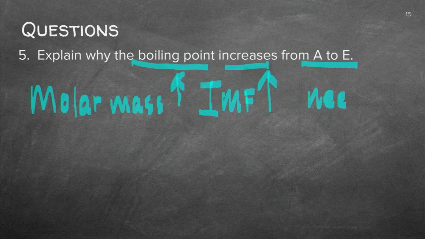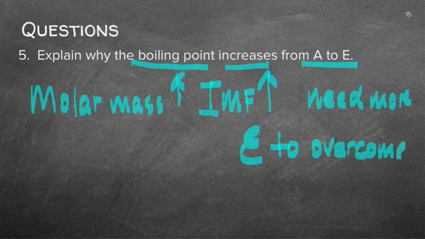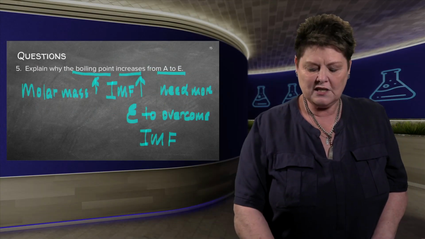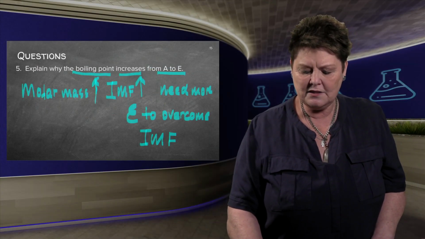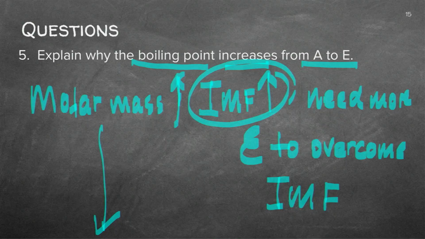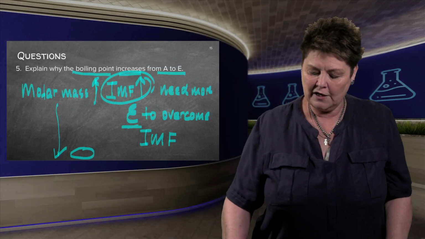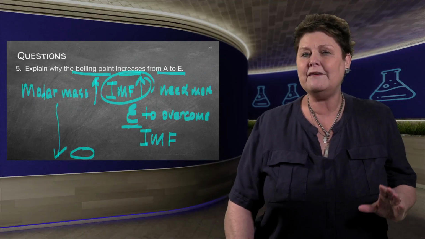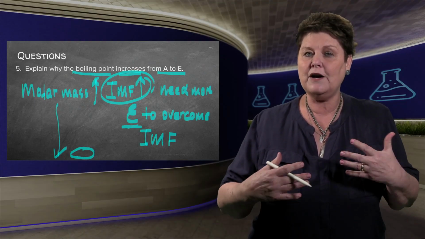Therefore, I need more energy to overcome the intermolecular force, and that will be full marks. So the molar mass increases from the top to the bottom, which means the intermolecular forces will be increasing, and you could see the boiling point is very high at the bottom because it needs lots of energy to overcome the intermolecular force. We never say we break it, we overcome it.